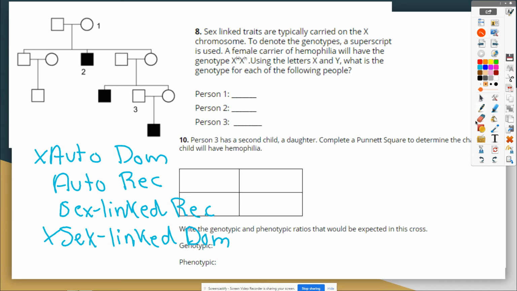Males have it. If it's sex-linked, what will we have to write underneath all the males? X and a Y, right? Because they're males. And if they have it, they would have a little h on there.